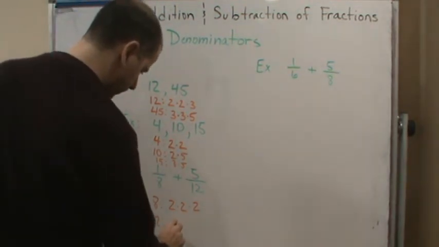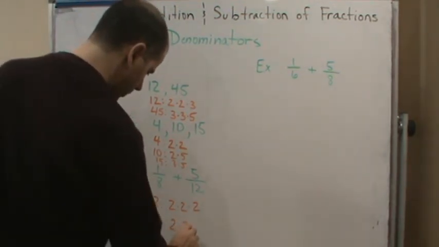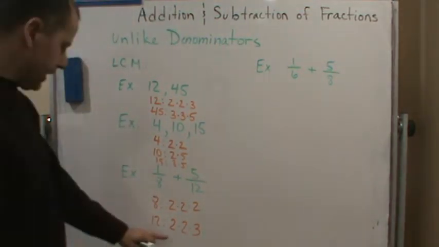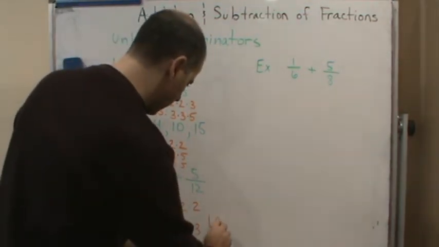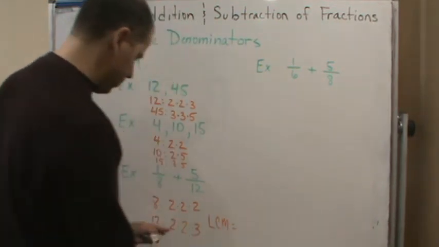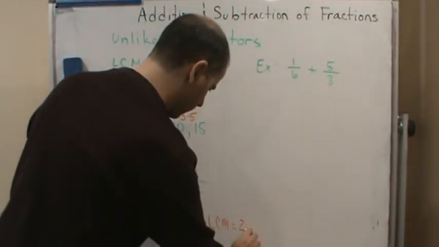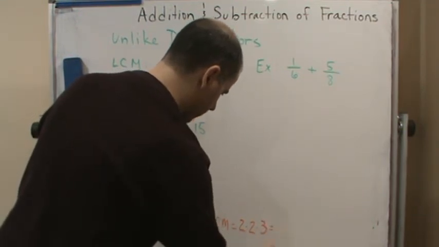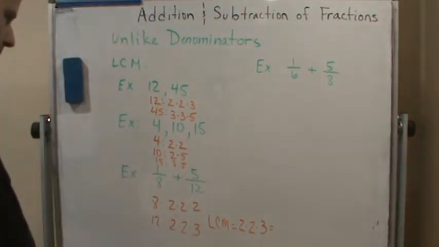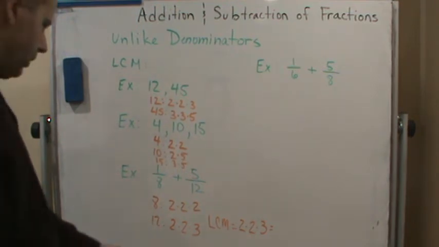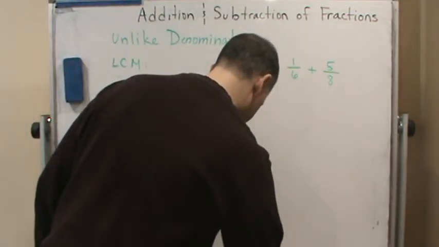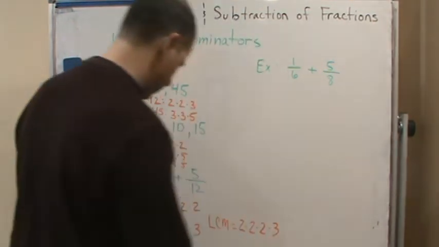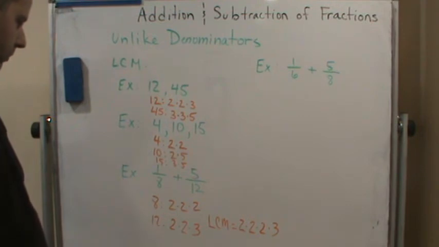It's 2 times 2 times 3. There we go. So now, if I take the least common multiple, so the least common multiple then is equal to 2 times 2 times 3. Hold on a second. No, 2 times 2 times 2 times 3. There are three 2's.